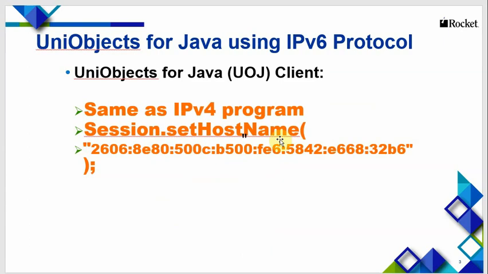So next, just to give you an idea, if you're using UOJ or most of the U2 tools, like the SMN tool, basically you just put a host name using the IPv6 address, and it will work the same way as IPv4.